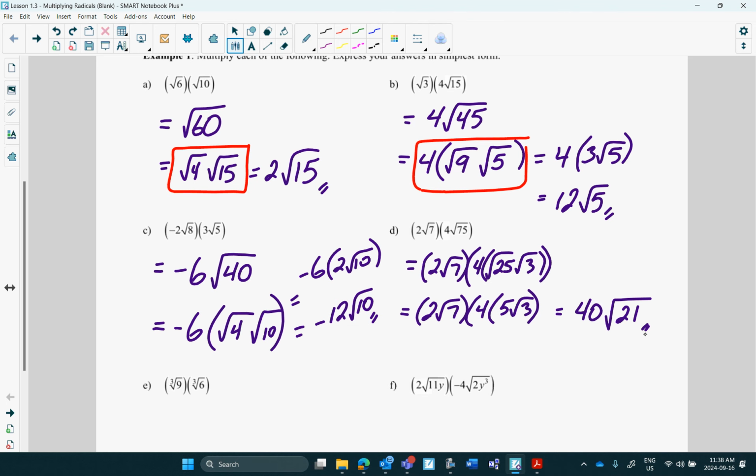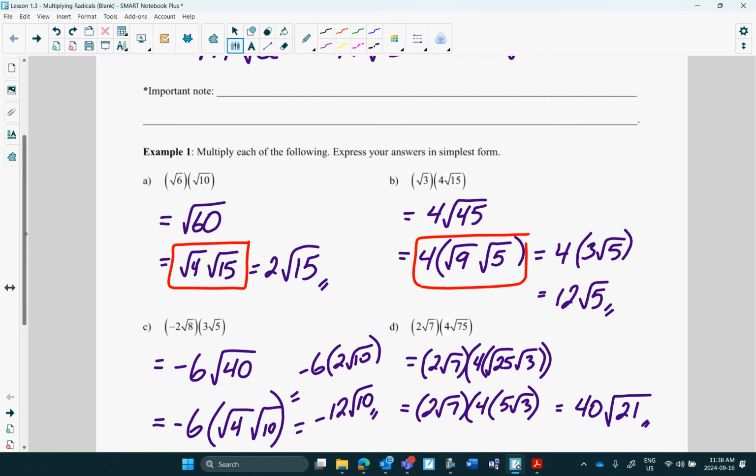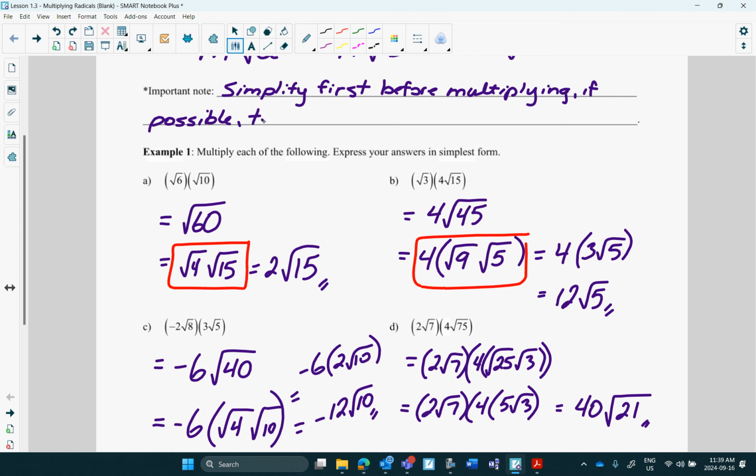So that's the note I made above, but left blank for the time being. Simplify first before multiplying, if possible, to avoid large numbers.